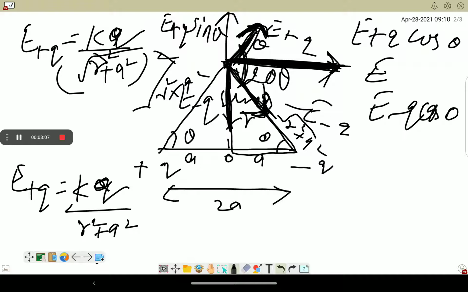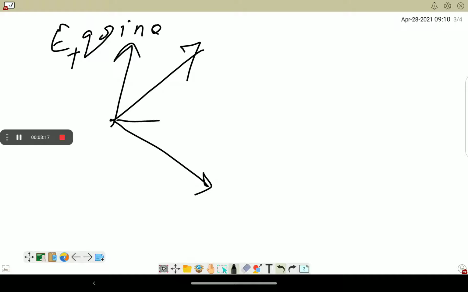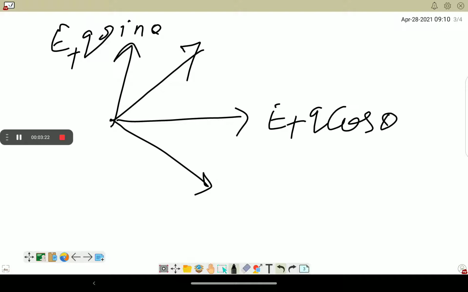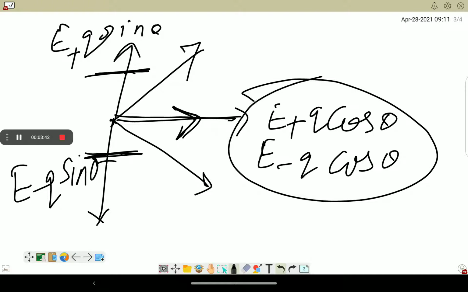So the sin theta components are equal and opposite, and they will cancel each other out. When two vectors are equal and opposite, they have no net effect, and the two cos theta components are in the same direction, so they will contribute to the net effect.